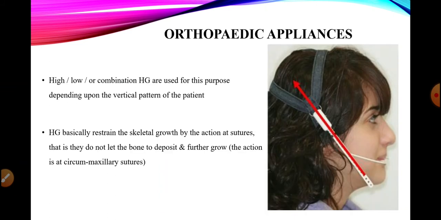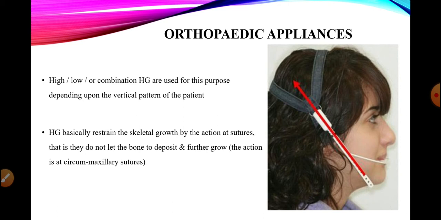Now, orthopedic appliances or headgears are particularly used when the maxilla is prognathic. They can be used in combination pull or in high pull, or even a low pull headgear can be used depending upon the vertical skeletal pattern. What basically headgear does is it restricts the growth at the suture.